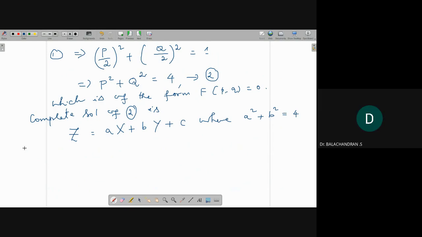So capital Z equal to a capital X plus b; from this, what is b? b is plus or minus root of 4 minus a square, into capital Y plus c, is the complete solution of equation 2.